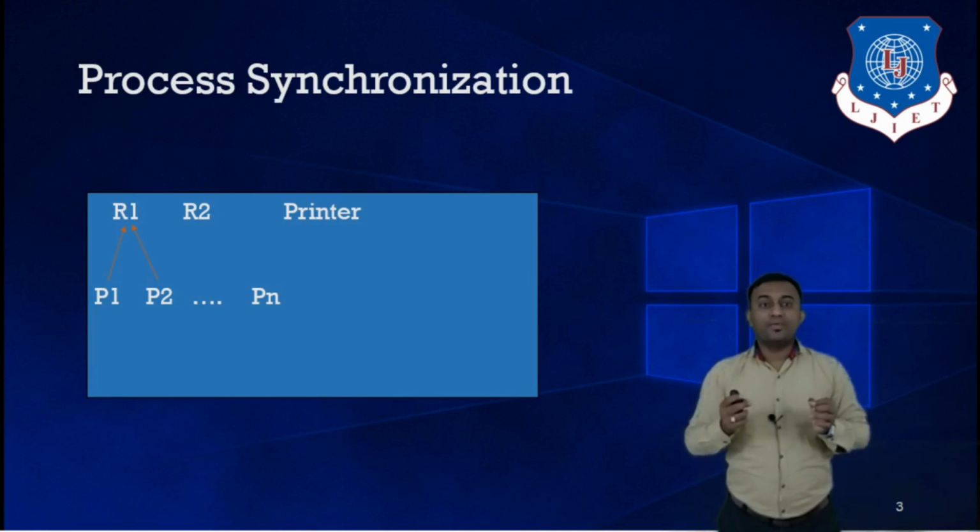If P1 and P2 want to acquire R1 at the same time, this situation needs to be avoided if you want proper synchronization. R1 is a shared resource, so everybody can access it, but it should be accessed in a mutual exclusion fashion only. Then it won't lead to inconsistency.